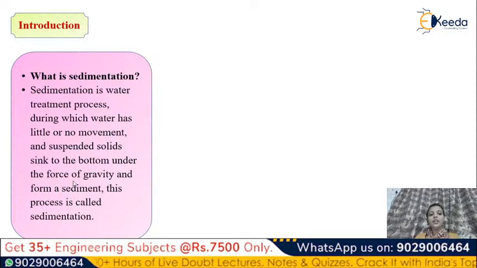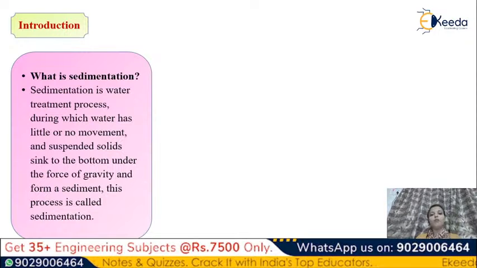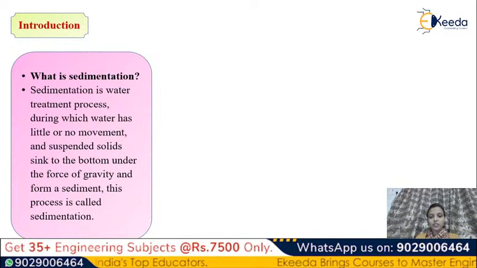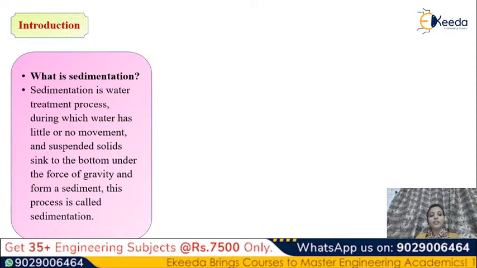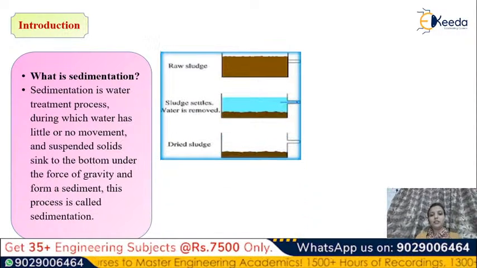This is a very important keyword: in sedimentation, gravitational force is the most important influencing parameter. So overall, the sedimentation process is based on gravitational force. All the particles settle down by the force of gravity and form sediment at the bottom of the tank, and this process is called sedimentation.